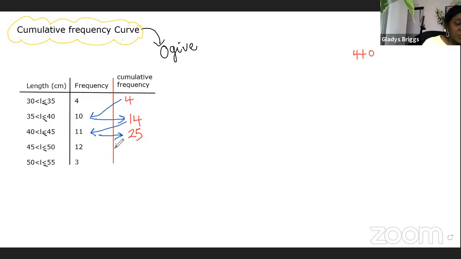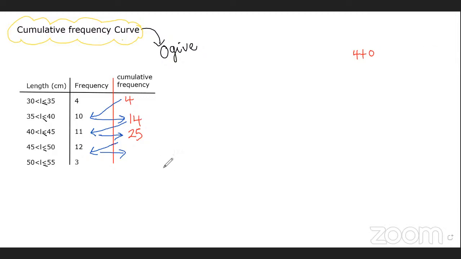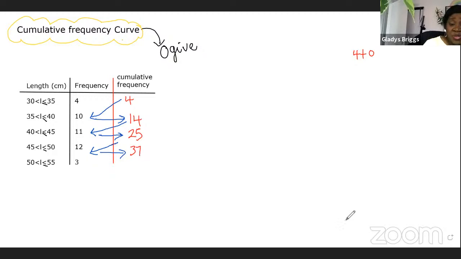And the next one is 25 add 12. What's 25 add 12, guys? 37. 37, well done. And the last one would be 37 add 3, and that's going to give us 40.